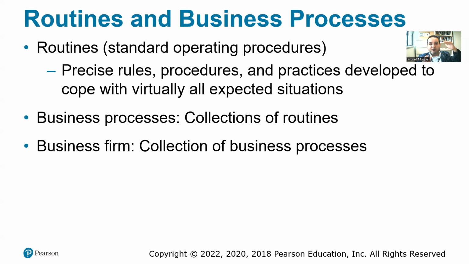It is part of a business process, but it's called a routine. Then we move on to the operational production functional area where they produce and ship that product. Each one of those activities is called a routine. The more we do those routines, the more efficient we are at them. Those collections of routines are business processes, and a firm is basically a collection of business processes.